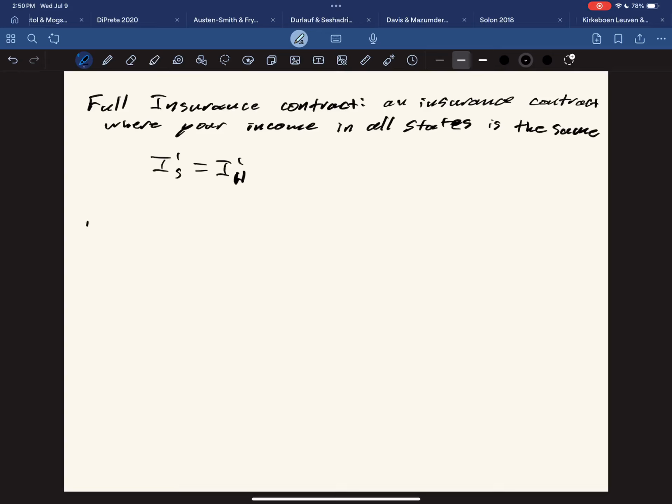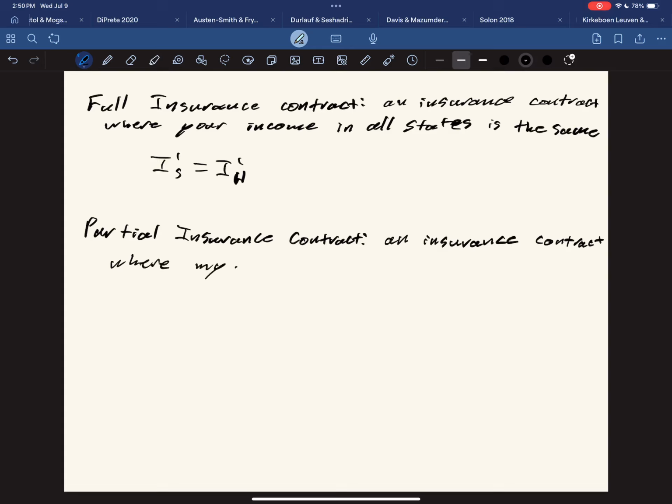And then a partial insurance contract is an insurance contract where my income in different states is different, which in terms of the very simple insurance contract we described earlier means that my income in the sick state is going to be less than my income in the healthy state.